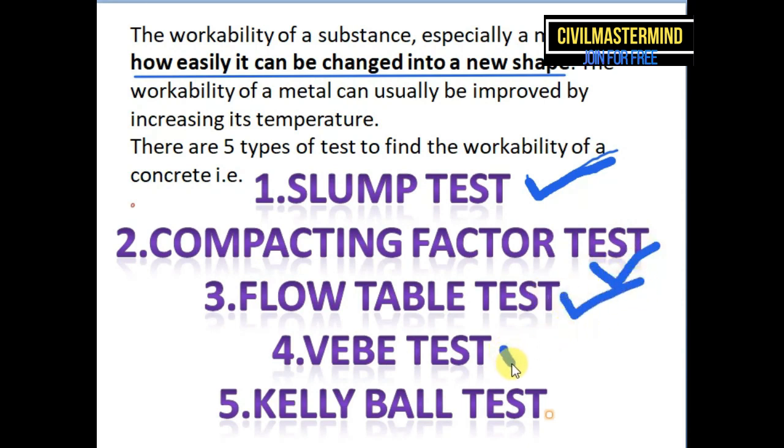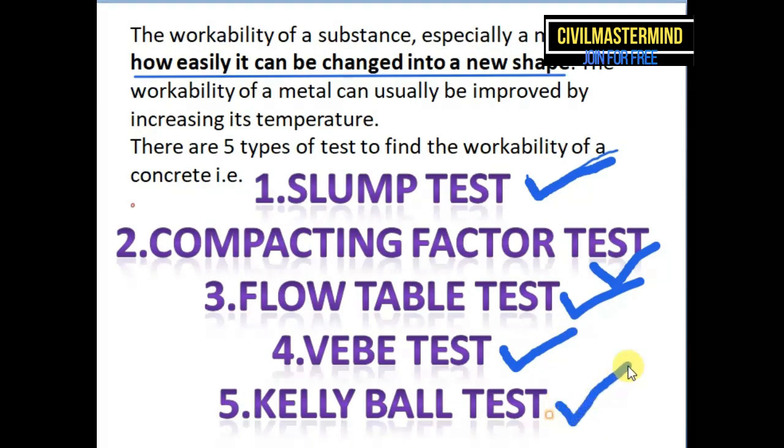Then we have the VB consistometer test. And finally the Kelly ball test. We'll be taking some of these tests slowly and gradually to understand more about the workability of the concrete and the factors that are affecting it.